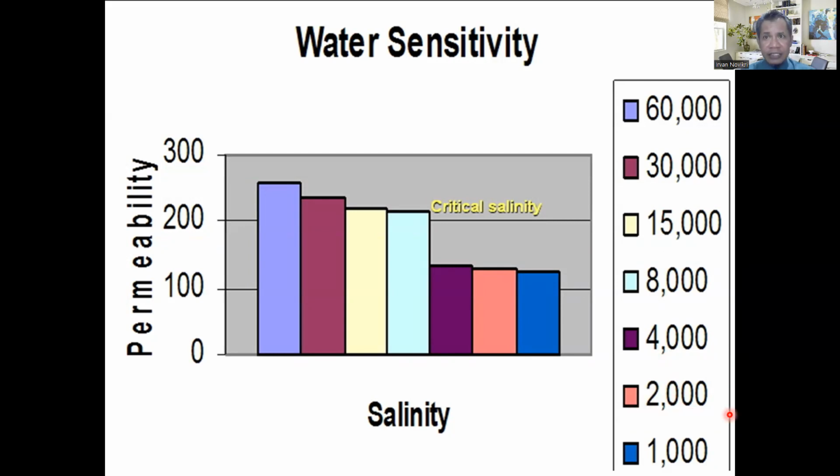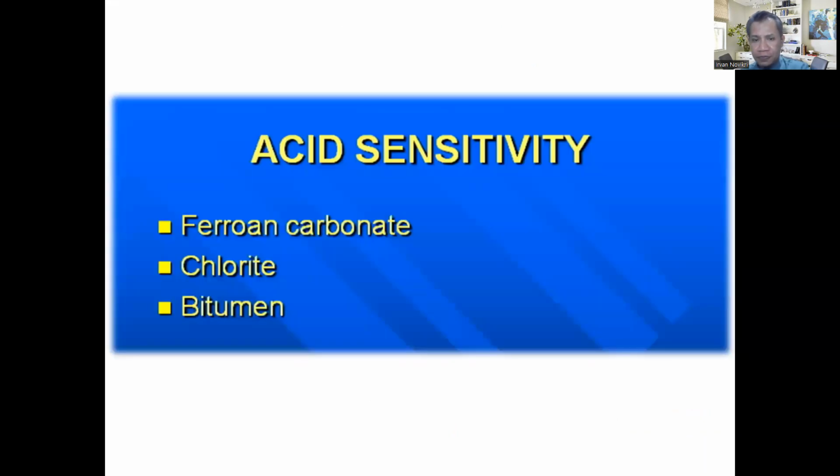There is no smectite in this formation. It's the Cardium, but it's full of illite and kaolinite. So this stuff flocculates at that point, when you reach below 8,000 ppm salinity, and you have a significant issue with flocculation.